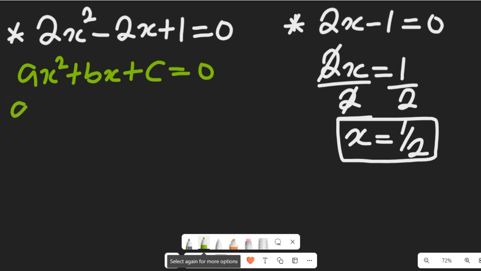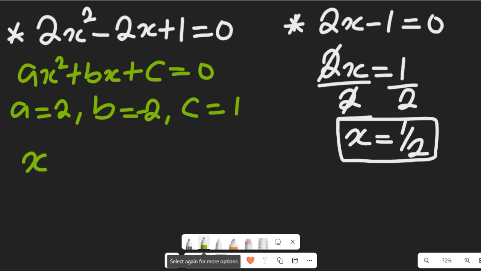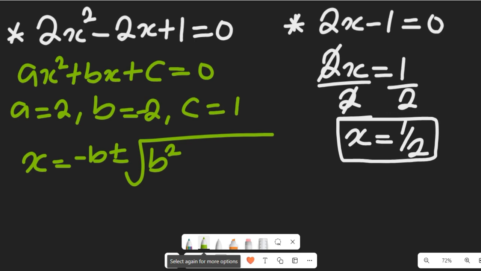From this expression, my a is equal to 2, my b is equal to negative 2, and my c is equal to 1. So using the quadratic formula, we are going to have our x to be equal to negative b plus or minus the square root of b squared minus 4ac divided by 2a.